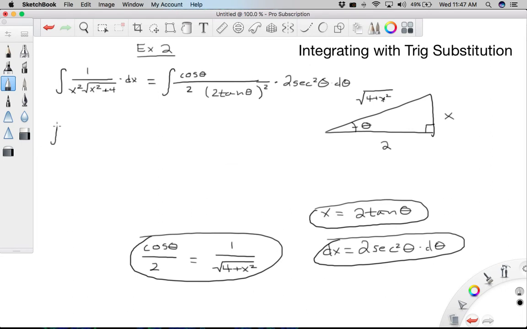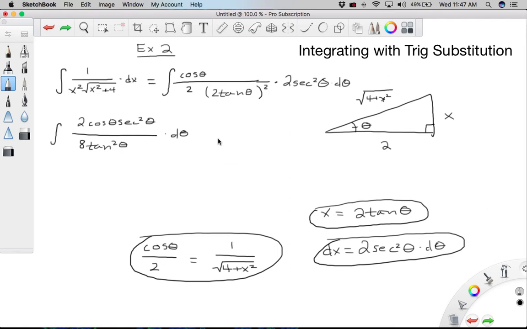So I'm going to go ahead and go down here, and it looks like what we have so far is 2 cosine theta secant squared theta over 8 tan squared of theta, and then times d theta. Okay, so I just recombined all these trig functions into one fraction. That's all I did. I squared this piece, which gives you 4 tan squared, multiplied by 2, that gives you the 8.